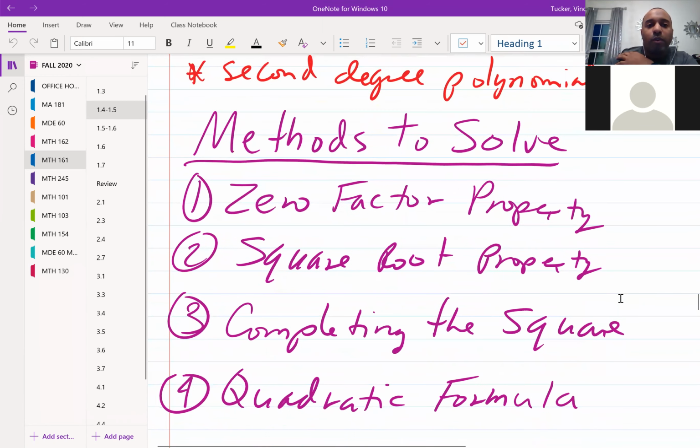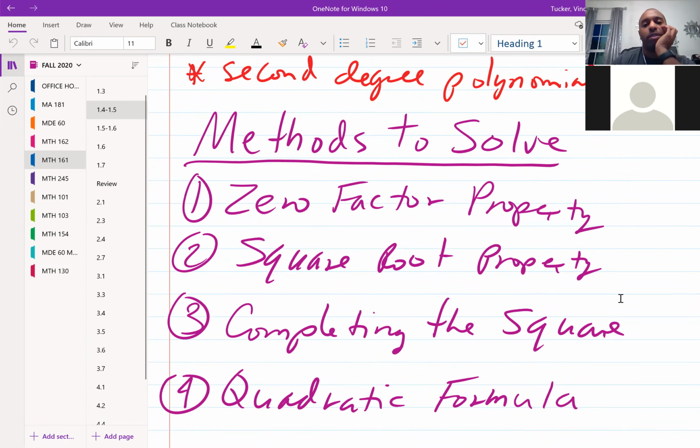All right, so we have 4 methods which we will be using to solve quadratic equations. First one is the zero factor property. Second one, square root property. Third, completing the square. And fourth, the quadratic formula.